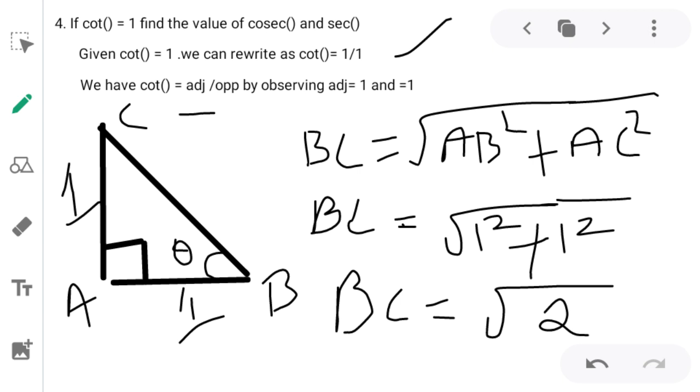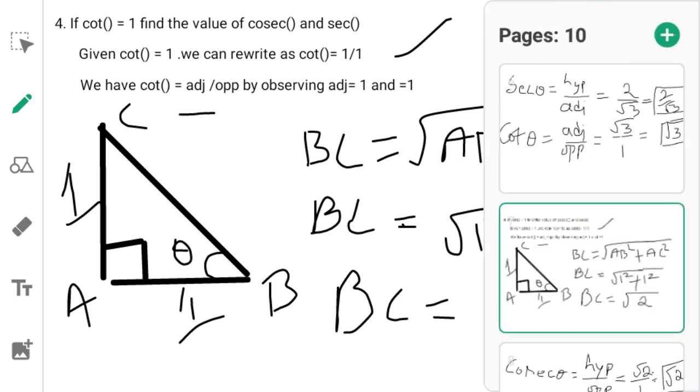As you know, by the Pythagoras theorem, BC square equals AB square plus AC square. If you transfer the square, it becomes BC equals root of AB square plus AC square. AB is the adjacent, which is 1, and AC is the opposite, which is also 1. 1 square plus 1 square, 1 plus 1 is 2. So BC becomes root 2.